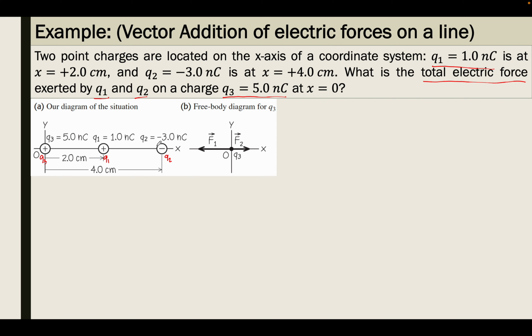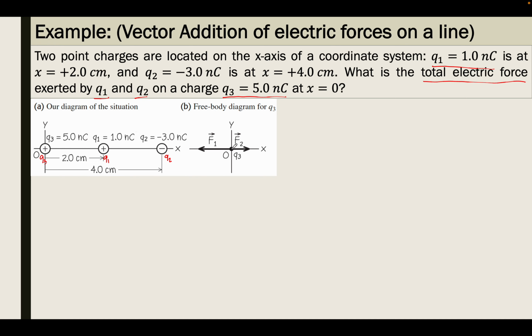But for Q2 and Q3, the direction of the force that Q2 exerts on Q3 will be an attractive force. So Q2 attracts Q3 going to the right.